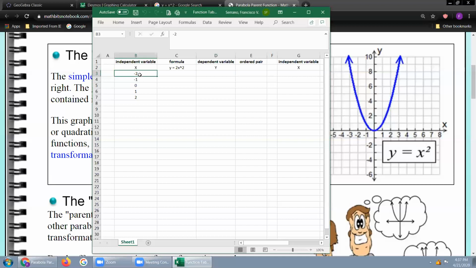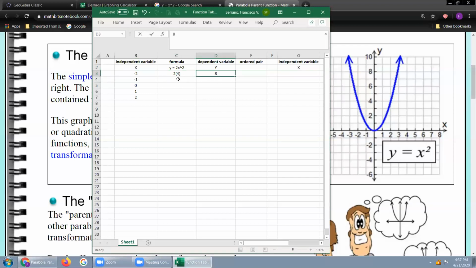So when x is -2, then -2 to the second power is +4. So 2 times 4, because -2 to the second power is 4. So when x is -2, y is going to be 8.